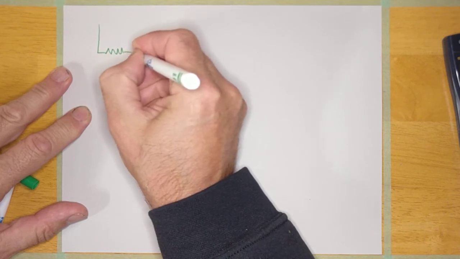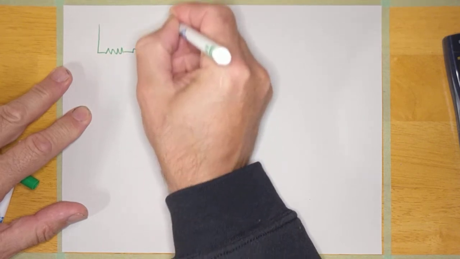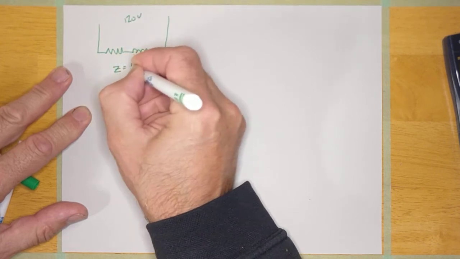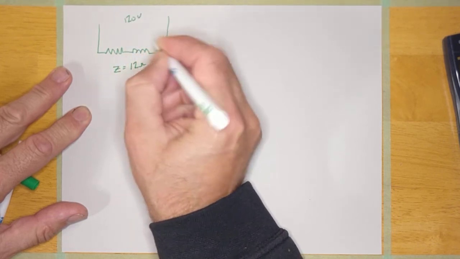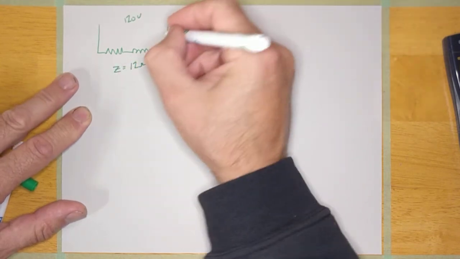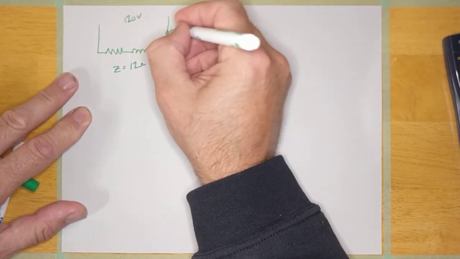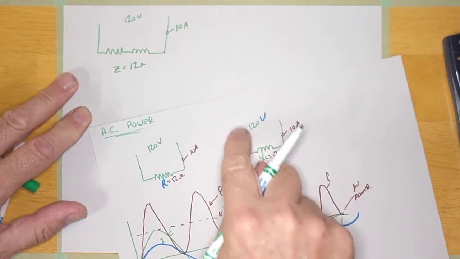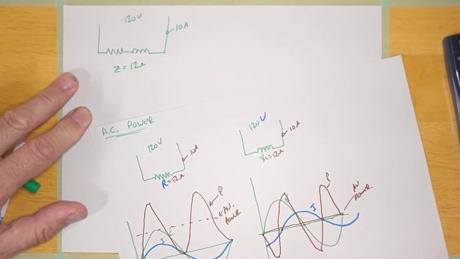Resistor, inductor. Let's put the 120 volts to it. Let's say Z here is 12 ohms. So the sum of these two, whatever they are, 12 ohms. The current in this circuit, again, will be 10 amps. Same as this one, right? 10 amps, 10 amps, 10 amps.